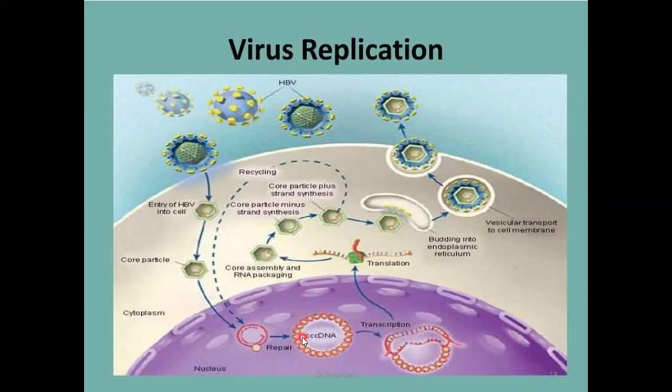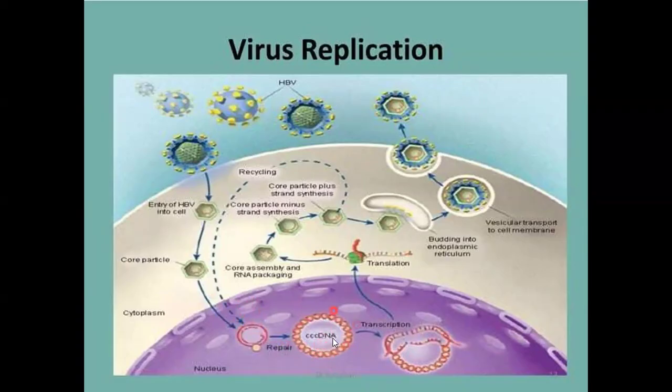I don't want to get into so much detail because it is very low yield, but basically what happens here is there will be conversion from rcDNA. rcDNA stands for relaxed circular DNA, the relaxed circular DNA that comes here. Then it will be converted into the cccDNA, covalently closed circular DNA.